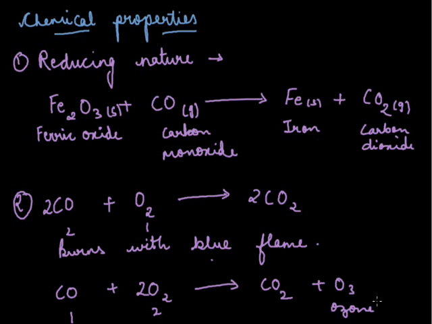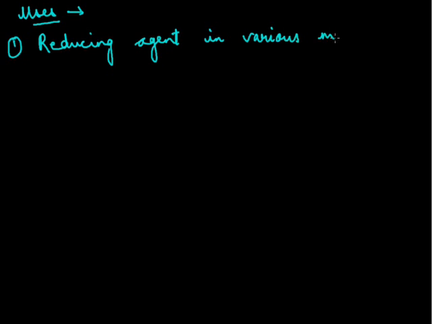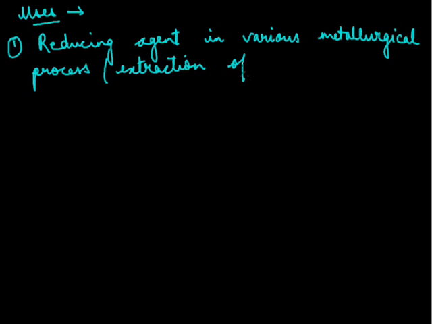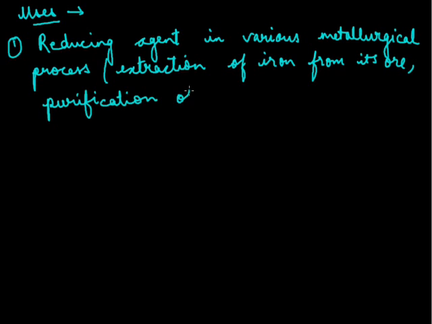Now we will discuss the uses of carbon monoxide. As already discussed above, it is used as a reducing agent in various metallurgy processes, such as extraction of iron, purification of nickel.